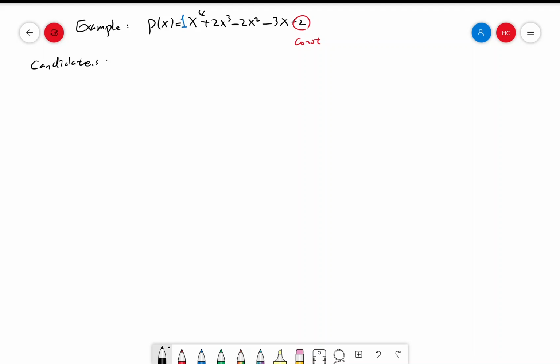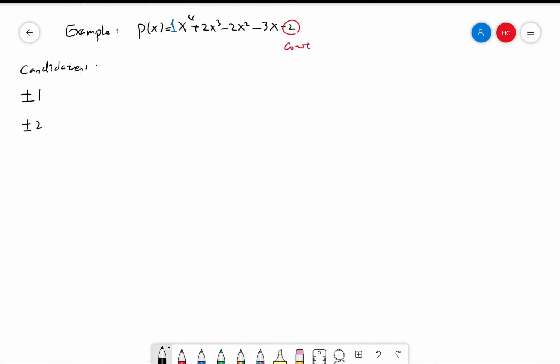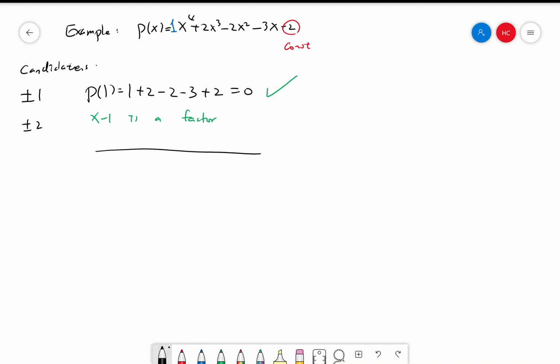The candidates are plus minus 1 and plus minus 2. That's it. So let's first try 1. P of 1 is equal to 1 plus 2 minus 2 minus 3 plus 2, which is equal to 0. So this works. That means x minus 1 is a factor. So we can use long division to divide p of x by x minus 1.